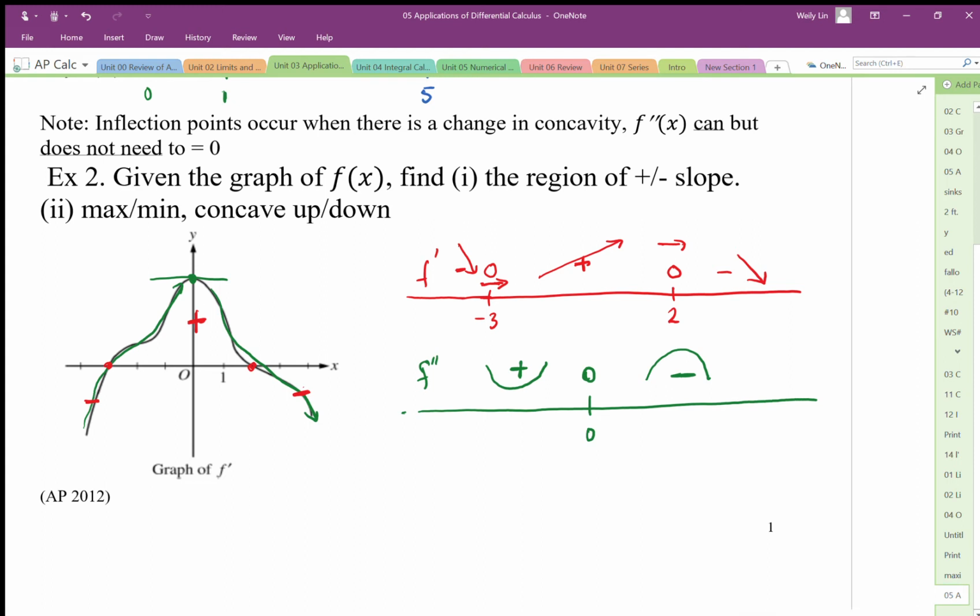We're looking at the second derivative, and again, these are fairly typical problems where we're looking at the graph of the derivative. The graph of the derivative tells us slope, so the y coordinates tell us slope. The slope of the derivative graph tells us something about the second derivative, which tells us about the concavity of the graph.